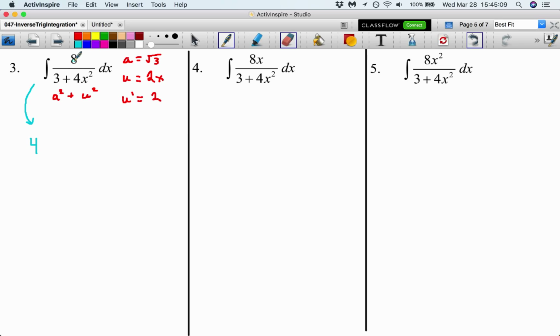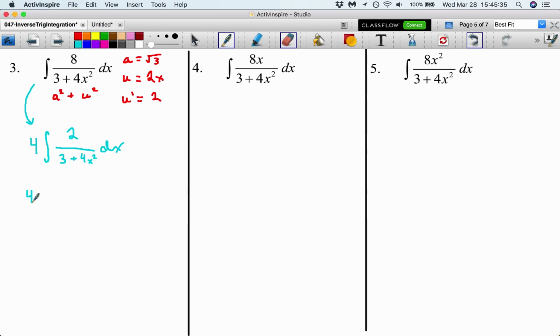You could have multiplied by 1/4 on the inside and then the reciprocal of 1/4. However you want to think about it, it's okay. And we're going to have this kind of thing going on. So this pretty much worked out. If u prime is simple, if u prime is a constant, this kind of trick will work out.